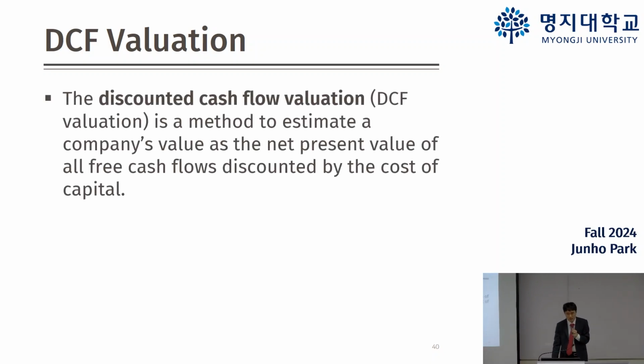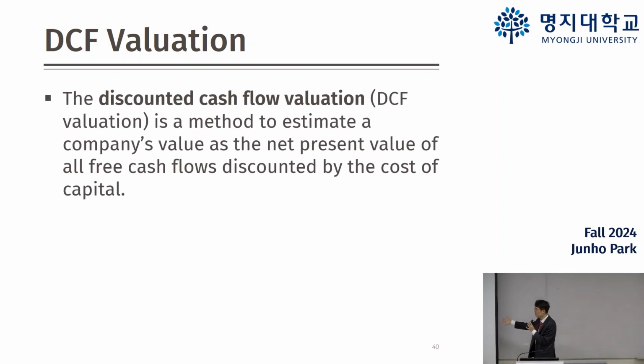So we are going to calculate the cash flow, and we are going to calculate the discounted present value, and we are going to aggregate, and that will be the company's value or the enterprise value.